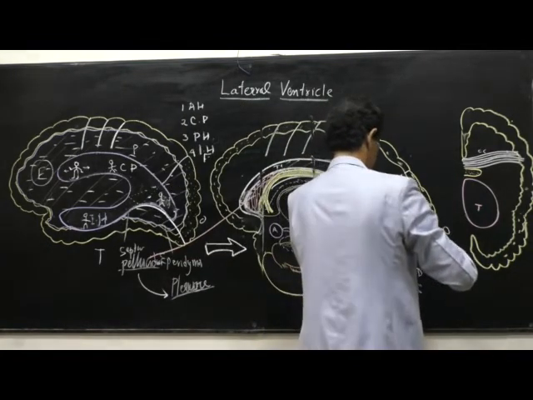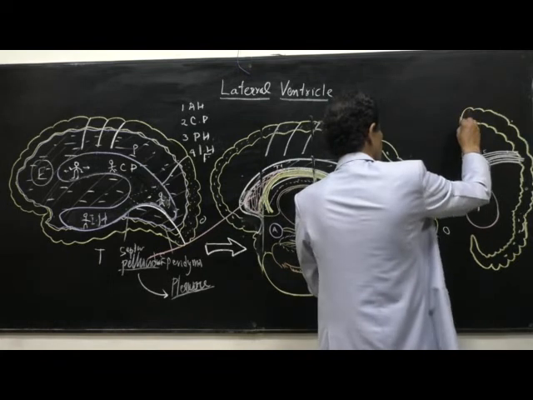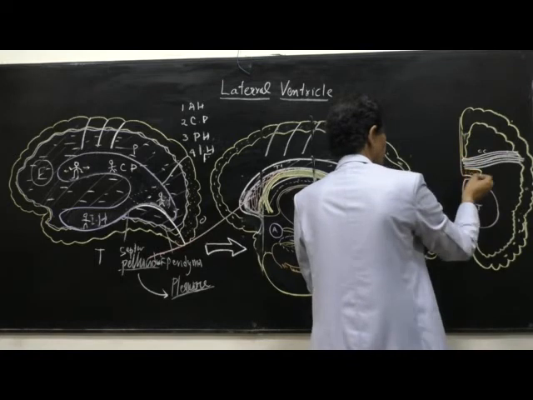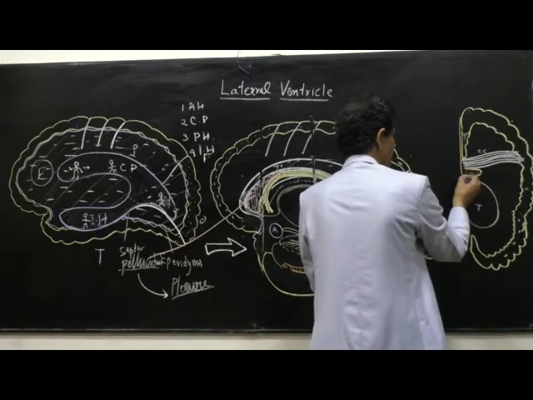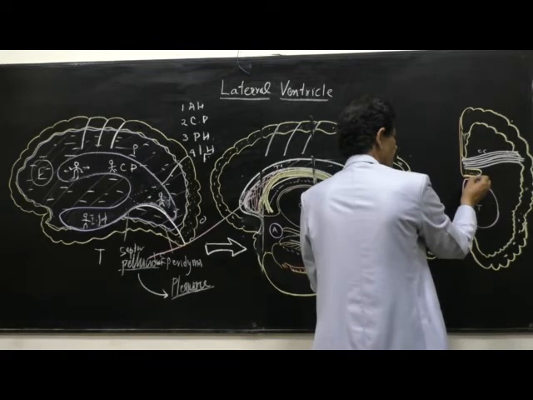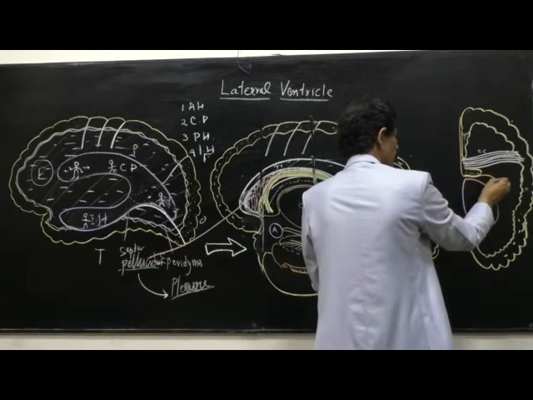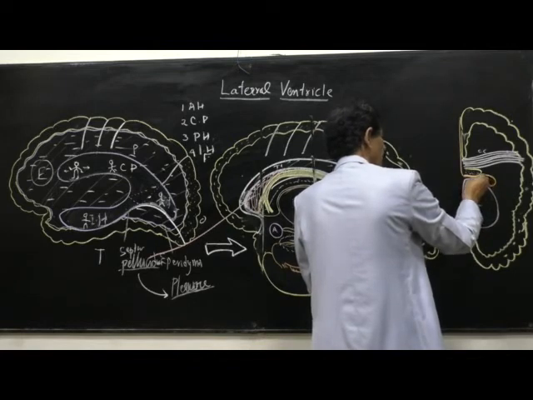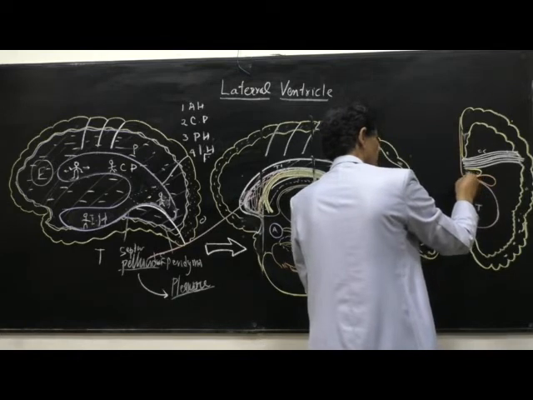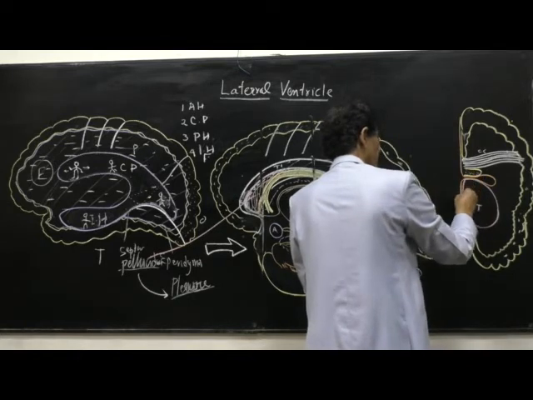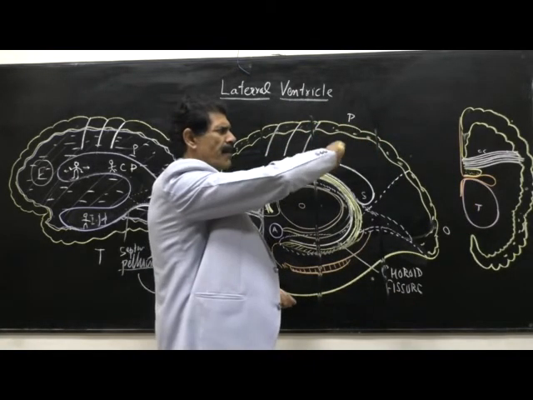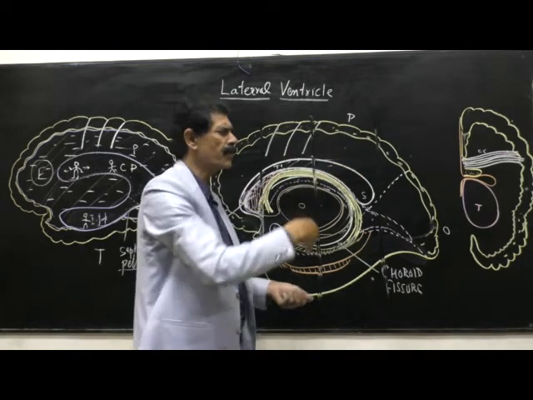The pia mater, as it comes here below the corpus callosum and between the fornix and the dorsal surface of the thalamus, goes inside, and then it reverses back, covering the superior lateral surface of the thalamus, and again comes out and covers the medial surface of the cerebrum. So this double fold of the pia mater is going inside and coming out from the same choroid fissure.